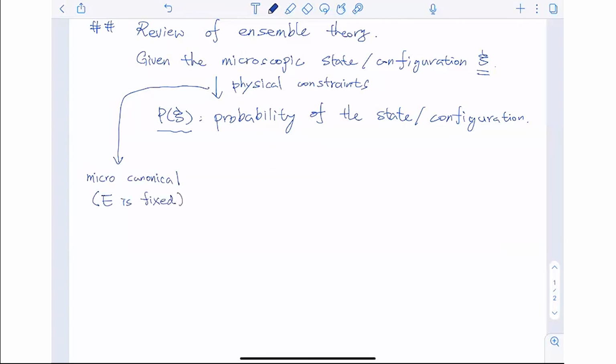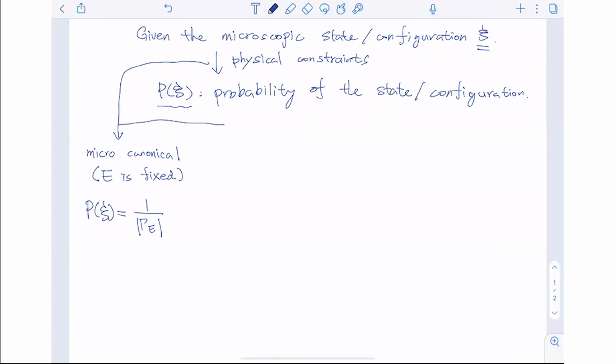And the corresponding probability for this constraint is that the probability for each microscopic configuration is assumed to be equal with each other. So they are equally weighted. Therefore, the probability is basically the inverse of the configuration number, or the inverse of the phase space volume.